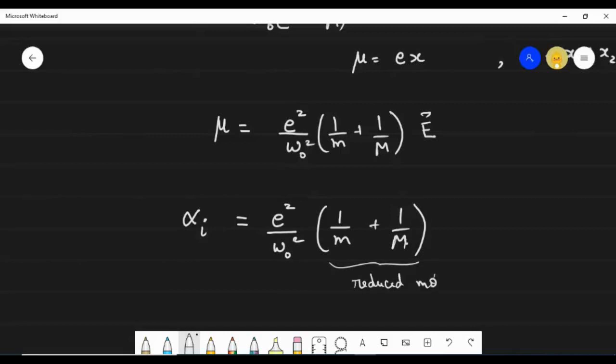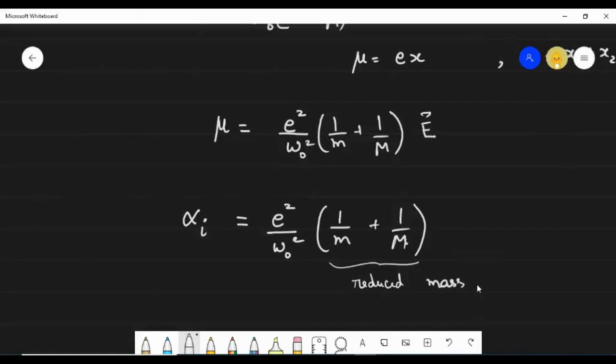So the ionic polarizability depends on the reduced mass. Ionic polarizability is also independent of temperature.